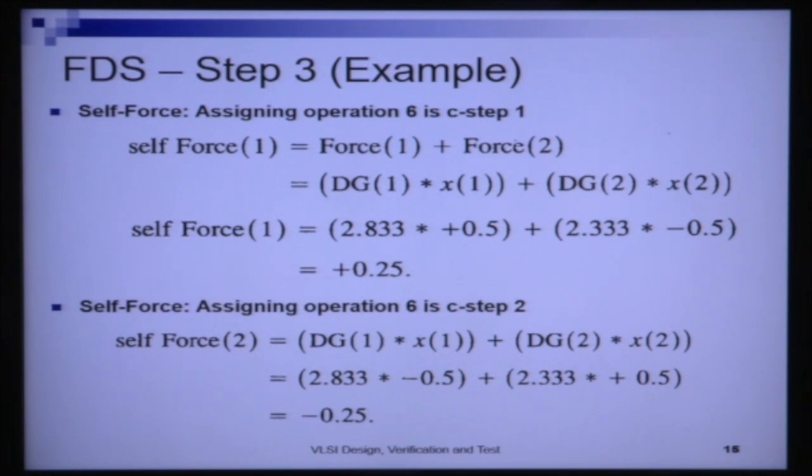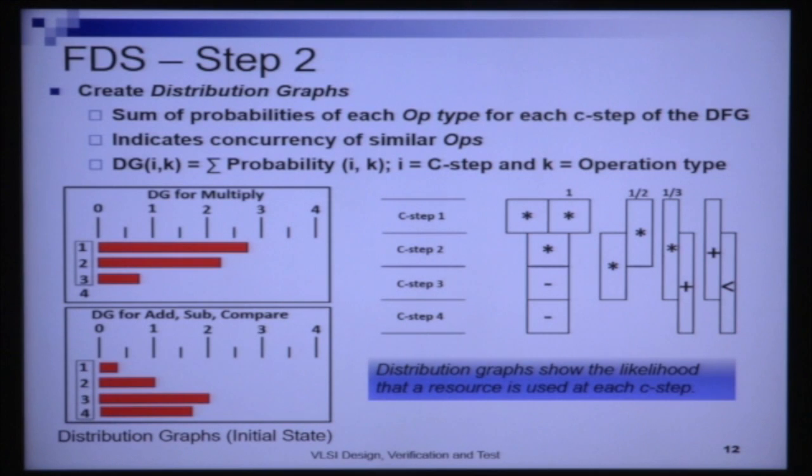And what is dg corresponding to that? We said that dg corresponding to the first time step, for the multiplication operator, was 2.833. So, dg1 is 2.833 multiplied by the change in probability of operation V6, which is 1 minus 0.5, plus the dg value for the multiplication operation at time step 2, which is 2.33.